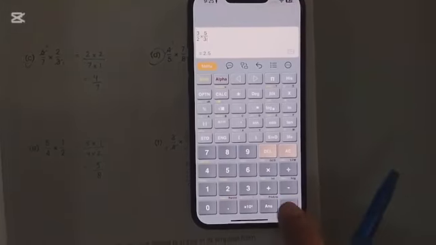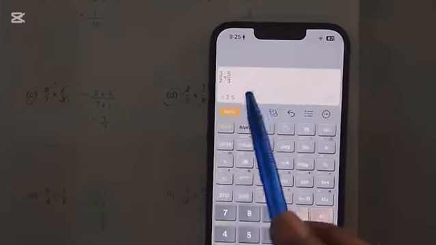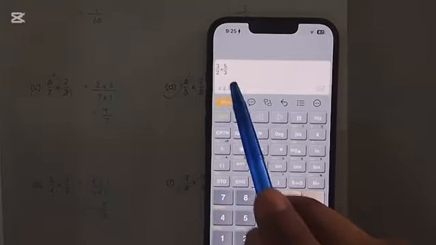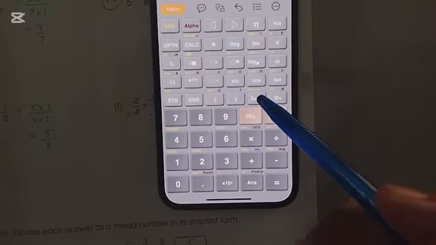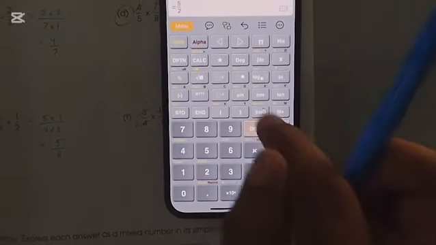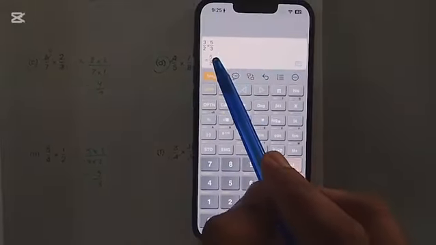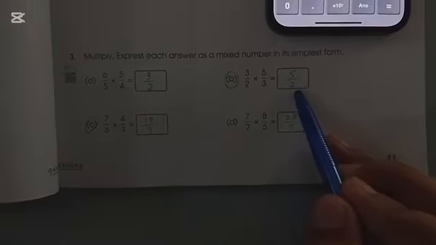Then you click equals. We get our answer in decimals, but we need to convert it into a fraction. Then we use the SD button. This gives our answer as a fraction, 5 over 2. So this is the answer, 5 over 2.